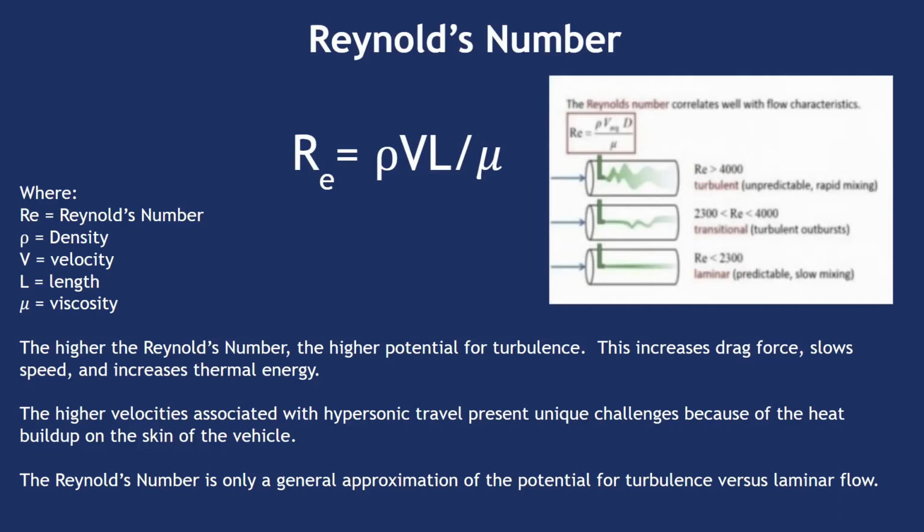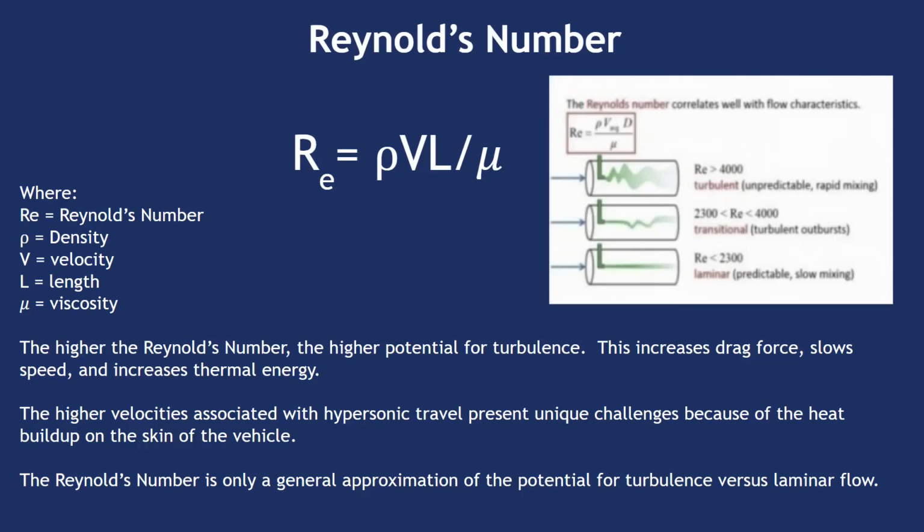Looking below the equation, we state that the higher the Reynolds number, the higher the potential for turbulence. And higher turbulence will increase drag force, which slows the speed and increases the thermal energy, or the heat, produced on the skin of the object itself.